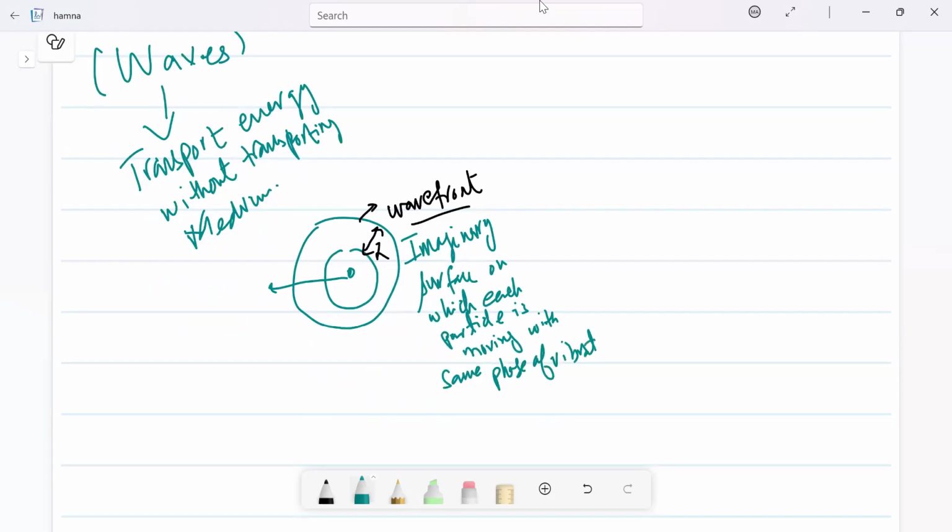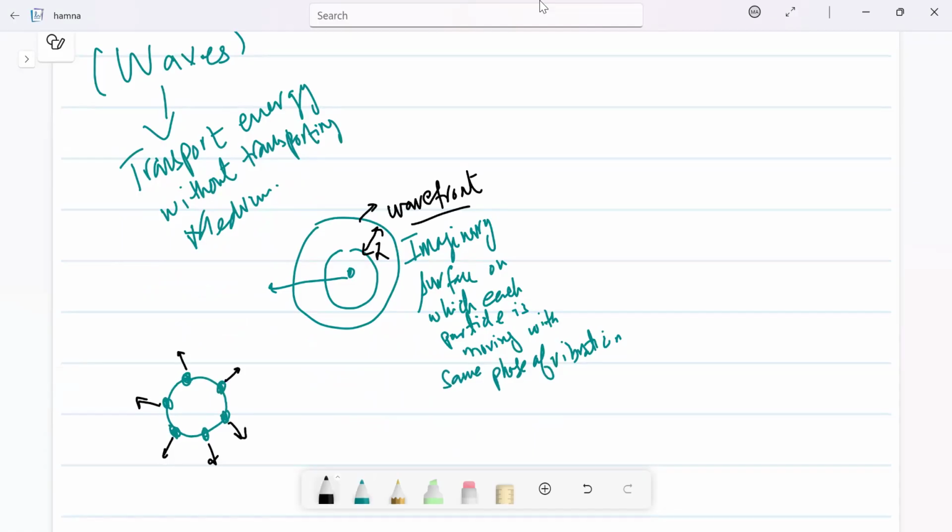Now, what does this mean? It means that if I consider this circle, each particle on this circle would be vibrating in a certain position. For example, it's moving like this. They are moving like this. Obviously, they are forming a circle, so they must be moving in the same sort of phase, no?